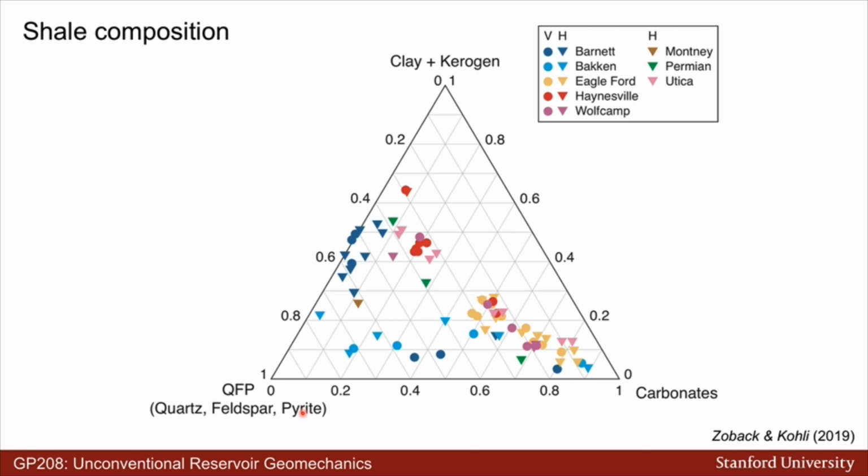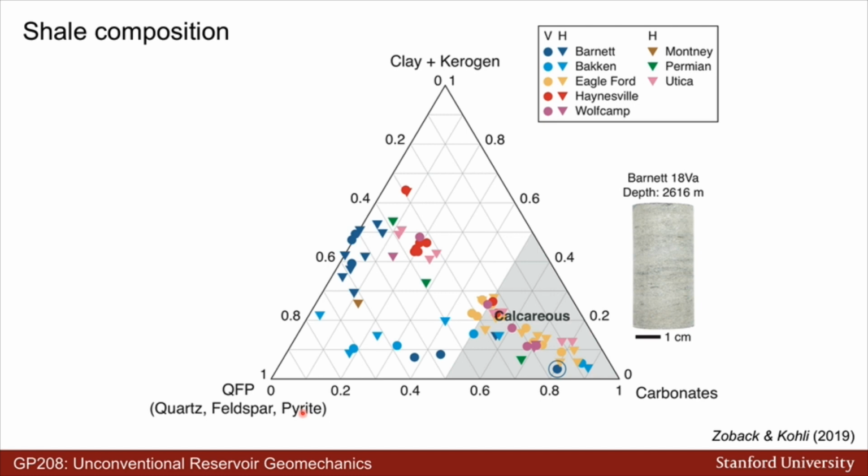One thing that I want to point out is that the compositional variations in these reservoirs occur on a very fine scale. I'll give you an example of that. Here's a rock from the Barnett Reservoir at a depth of 2616 meters. This is the sort of core sample that we'll be focusing on in terms of the laboratory measurements that we'll discuss later in this lecture.